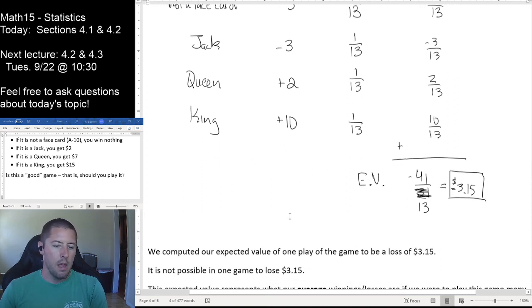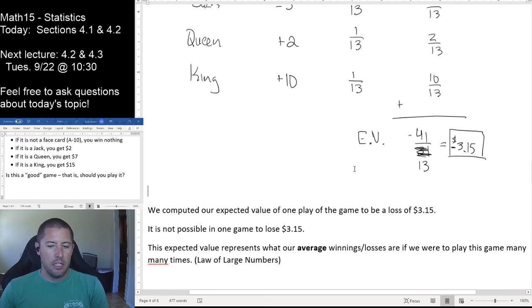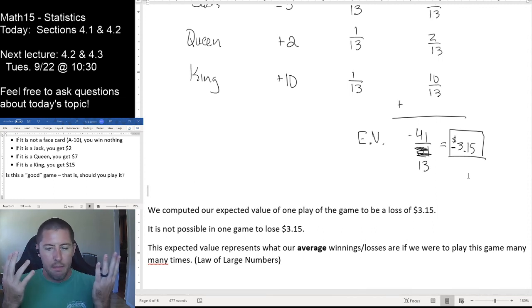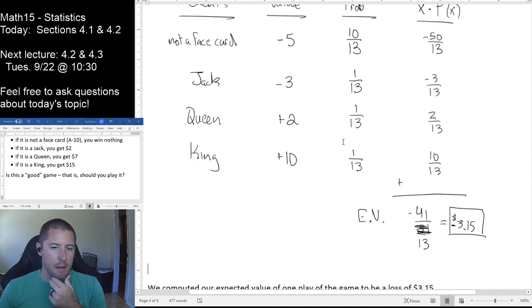So a really important thing to understand is that this value isn't telling us anything about what we should expect in the short term. If I play this game one time, it's not even possible for me to get that expected value of change, that loss of $3.15. The only thing that can happen to me if I play the game once is one of these 4 outcomes.